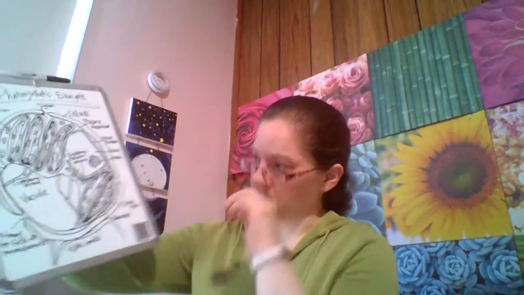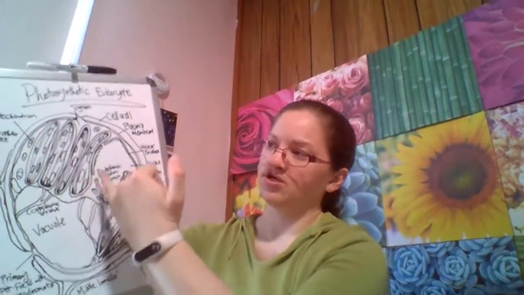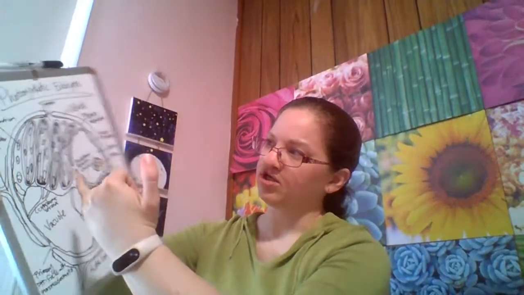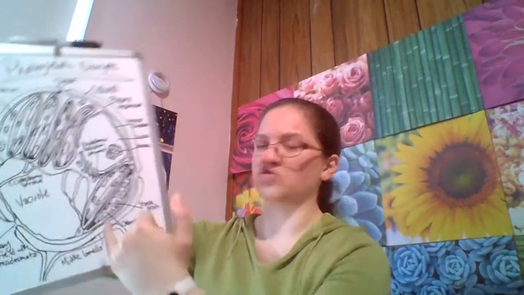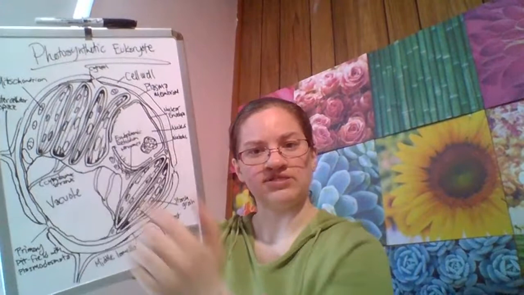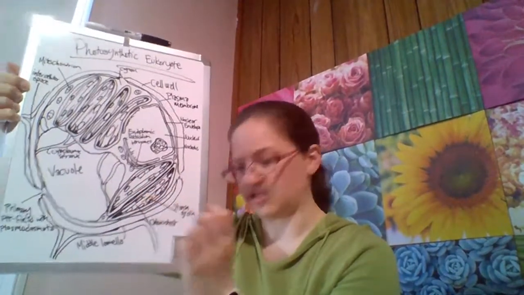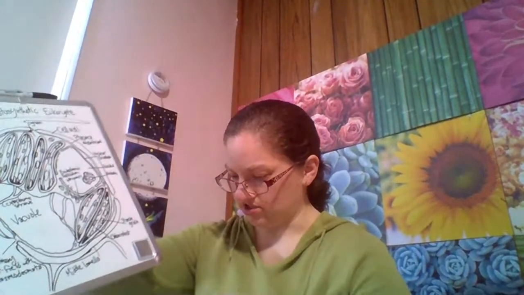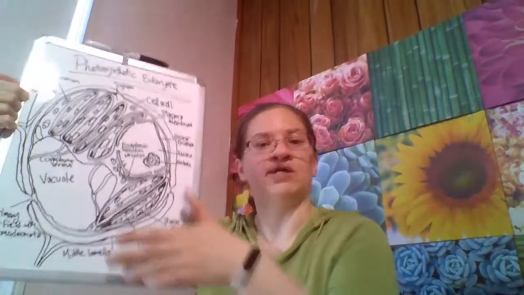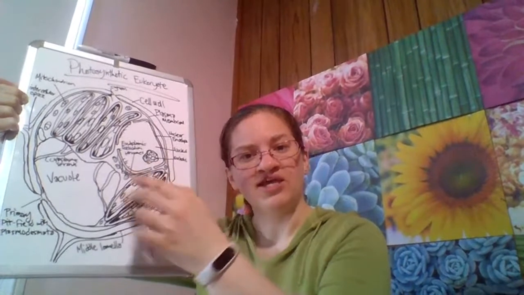So for this, we've got the chloroplasts that are these guys, and the starch grains in there, and the stroma would be the mix of stuff in the chloroplast.